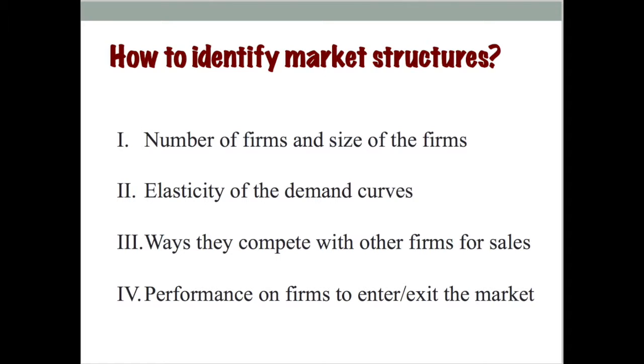The third one is how they compete with other firms for sales. It means that if so many firms sell the same products, how they can compete with each other on price. The fourth one is the ease for firms to enter or exit the market. I will talk about them in further detail in the following lectures.